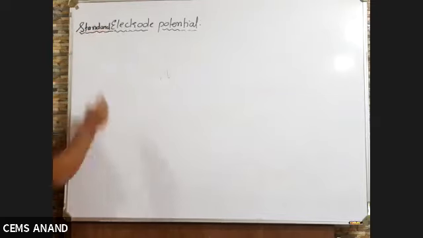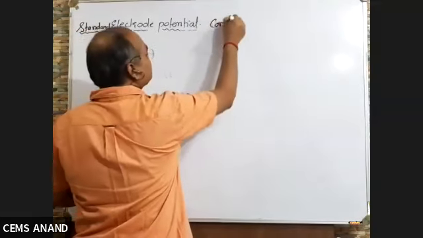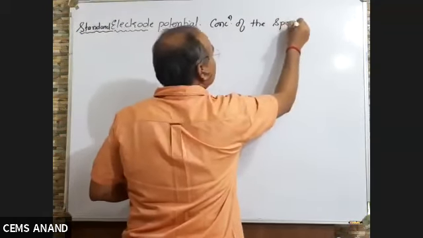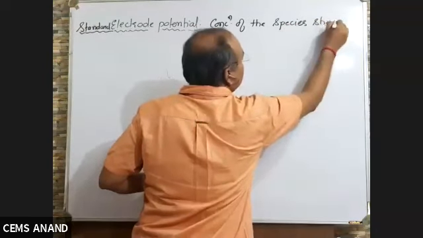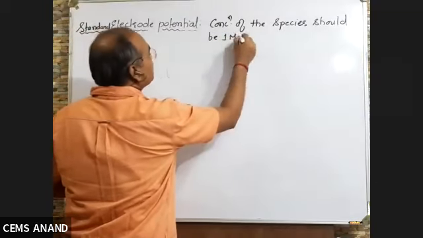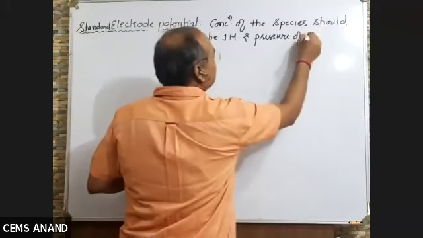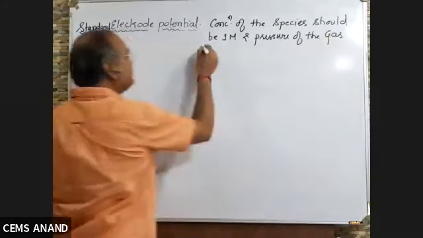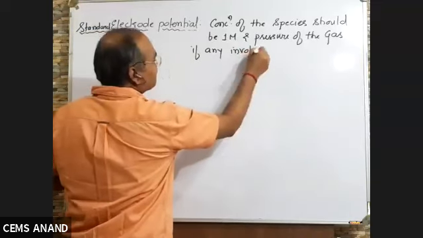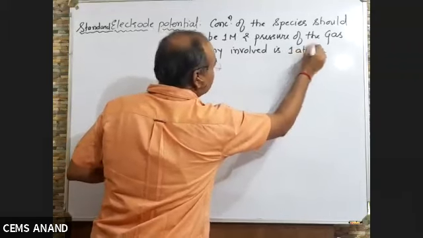Now, standard electrode potential is nothing but the concentration of the species should be 1 molar, and the pressure of the gas, if any involved, is 1 atmosphere.